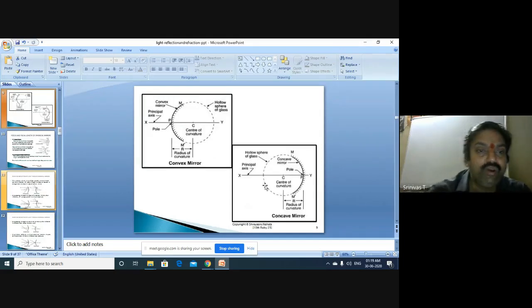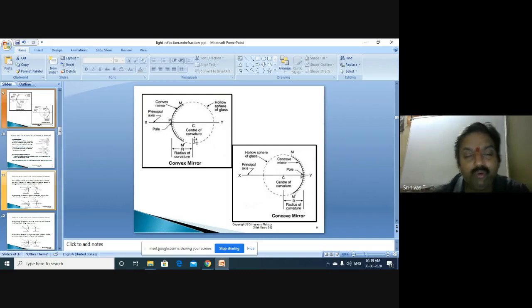Next, you can see over here that this is a convex mirror. As we just told you, it is bulged out. The reflecting portion is the bulged out portion, that is, the outer portion is the reflecting portion. So here the light rays are to be assumed to come from the left hand side only, whereas the mirror is coated from the inside. You can expect both things on the same sphere.